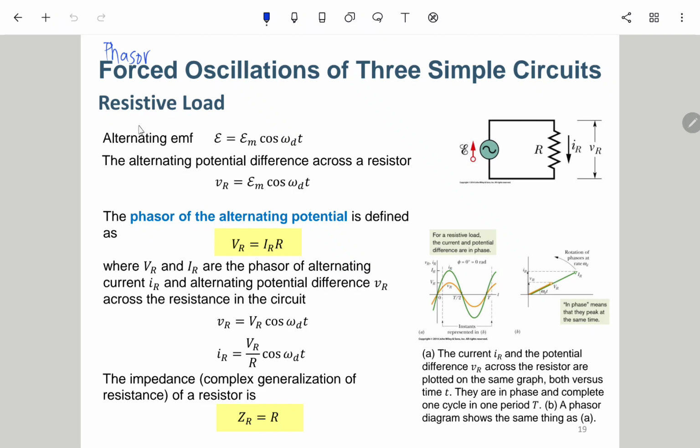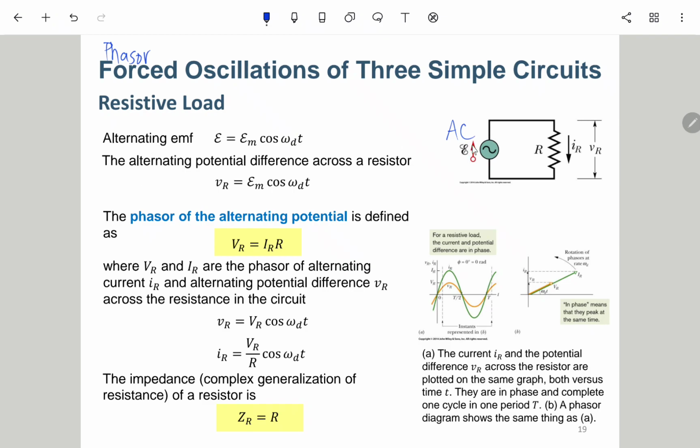Of course, the first one is the easiest case, the resistive load, the resistor. Here we connect a resistor in series with an AC source.